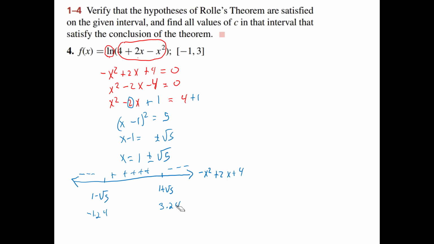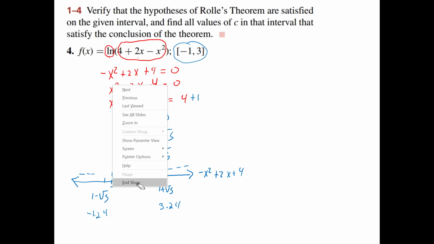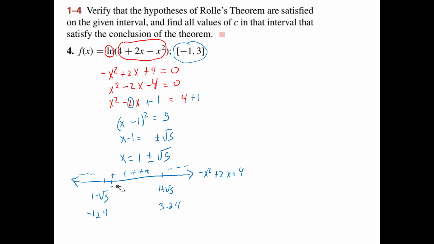And so then everywhere in this interval here, because we're only going from -1 to 3, it's positive. So somewhere in here is -1, and then somewhere over here is 3. And during that whole interval, it's positive.